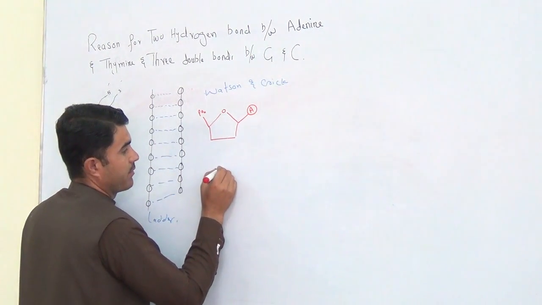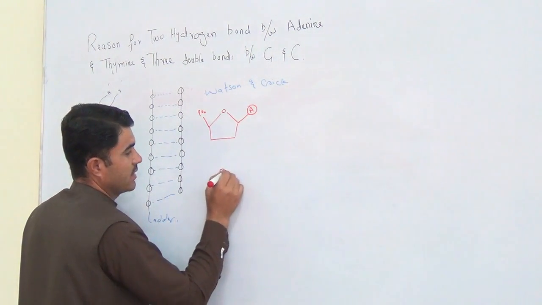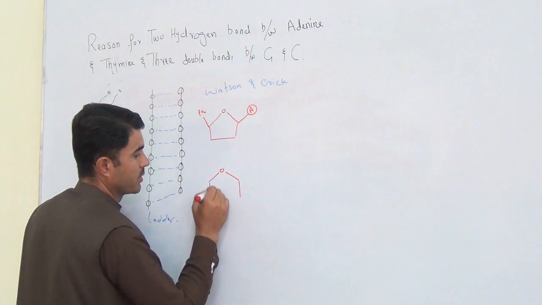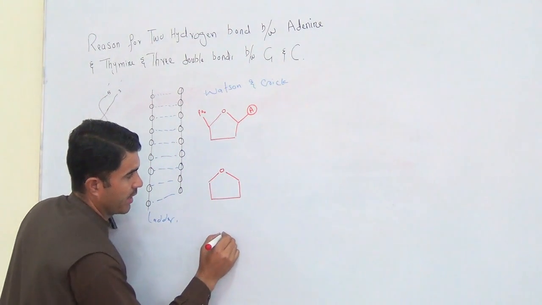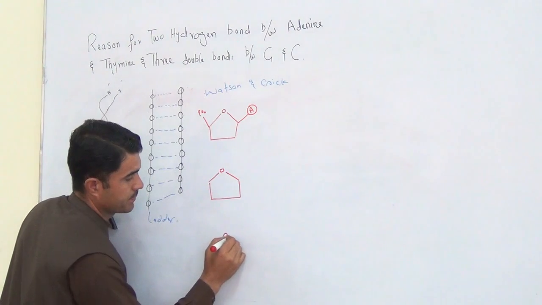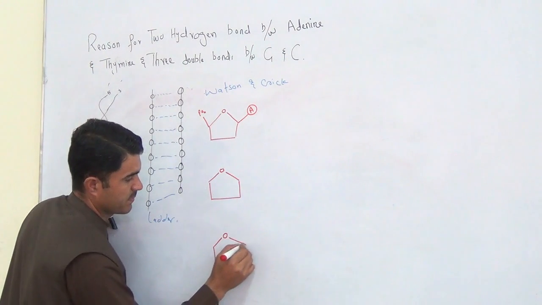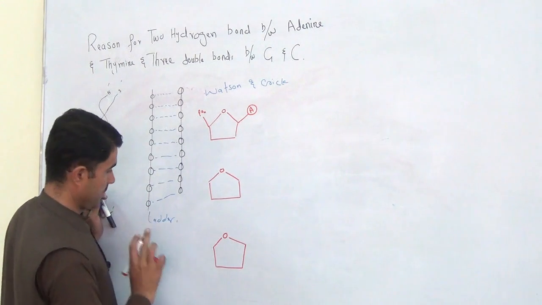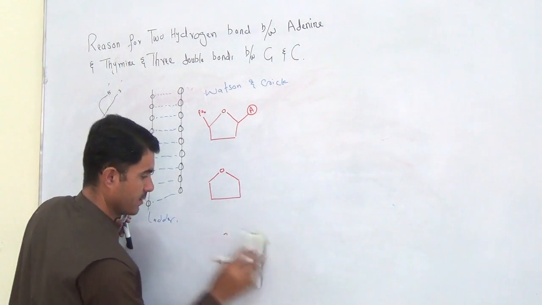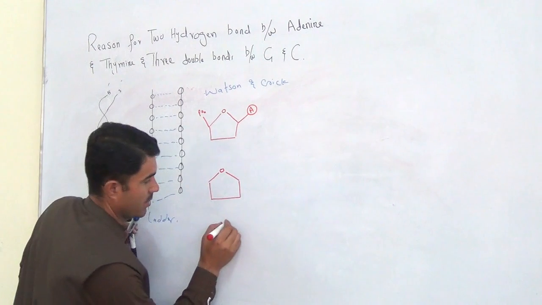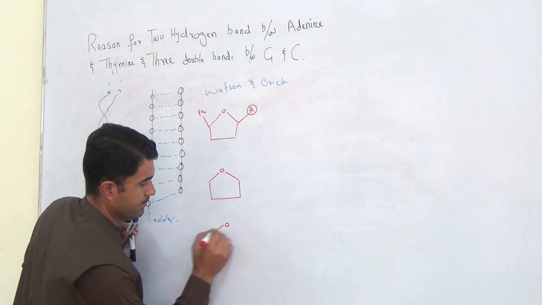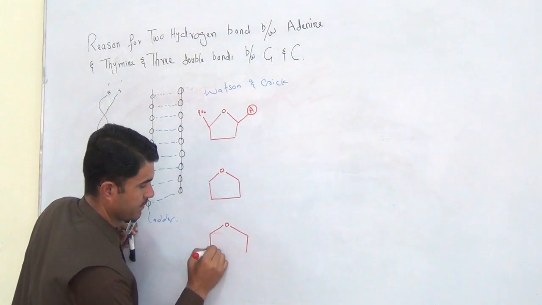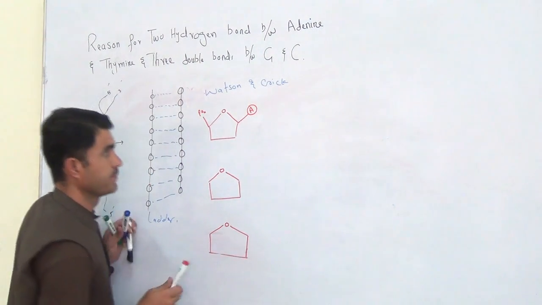Here we can have another sugar. Here we have another sugar. Okay, I think it is a little bit at the bottom. So here, okay, is another sugar.